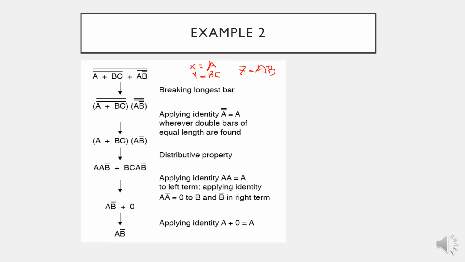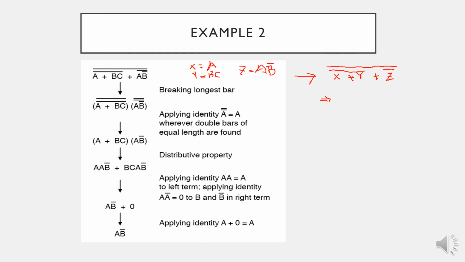So this expression will basically become x or y inverse or z inverse, and we have a long inverse here. So AB bar is equal to z. The next step is to break the longest bar.